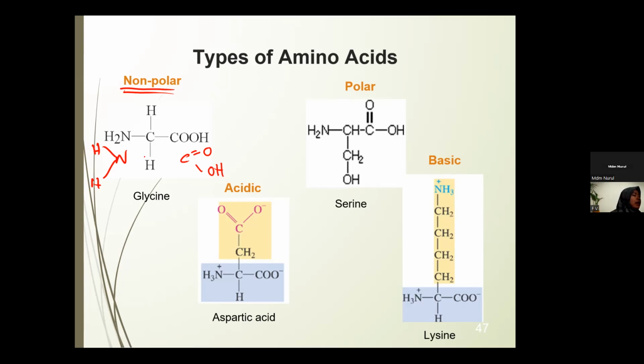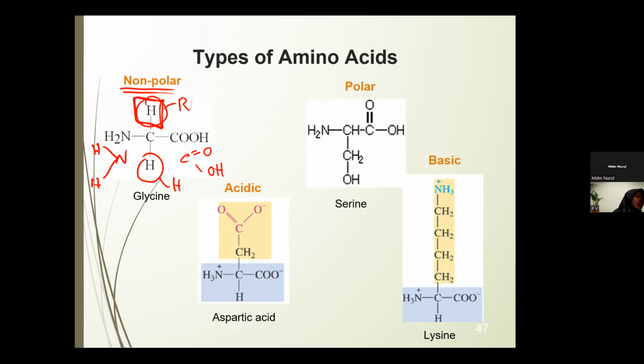And then we have hydrogen atom, sama ada atas atau bawah kedudukan dia. Okay, tak apa, kita ambil yang bawah. This is the hydrogen atom. And this is basically the R group. So for non-polar amino acid, the R group is hydrogen in this case. So this is the R group, which makes it become non-polar, right?